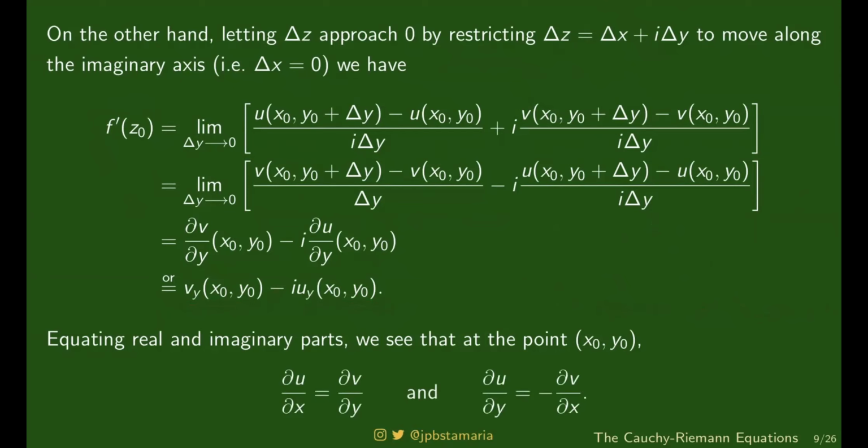Dapat yung u with respect to x equal v with respect to y. Ito yun. At saka yung u with respect to y, ito, dapat equal sa negative ng v with respect to x. Okay? These two equations must hold at the point x naught.